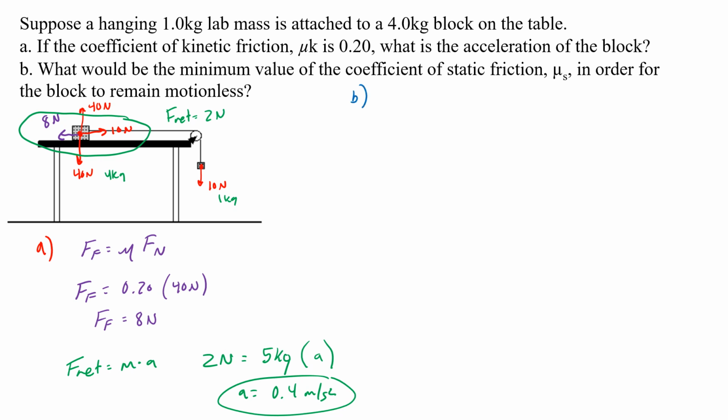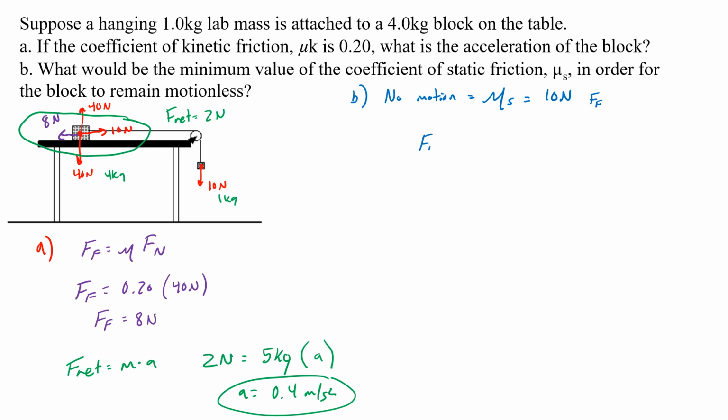So in part B, we want to know, well, what if there's no motion, because it's the static coefficient of friction that we're being talked about? To have no motion, I need 10 newtons for my friction because I need it to be balanced. I need it to be in static equilibrium.